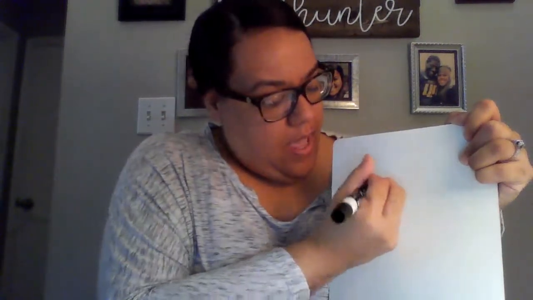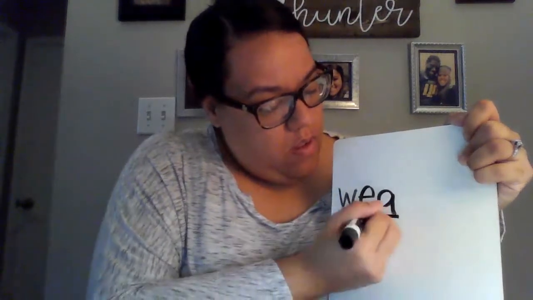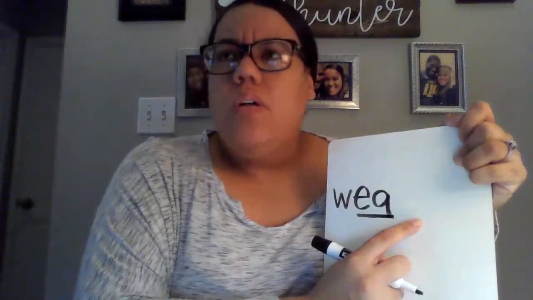That's my W, right? What did I say? What two letters are going to represent my short E today? That's my EA. What two letters represent th? That's TH, right?